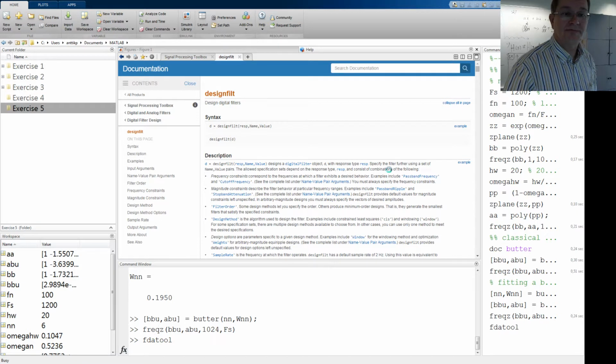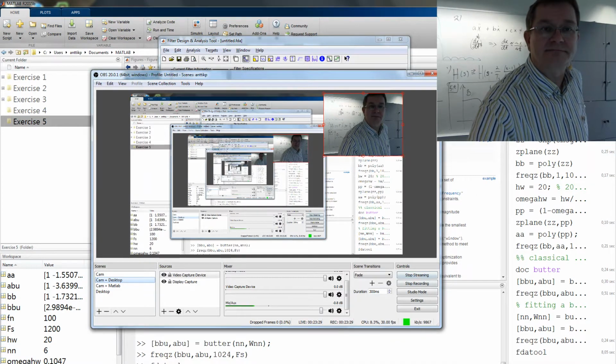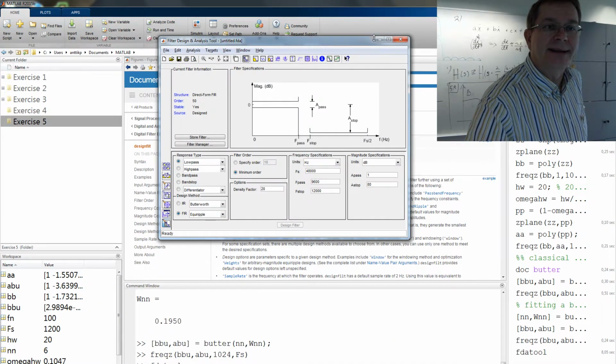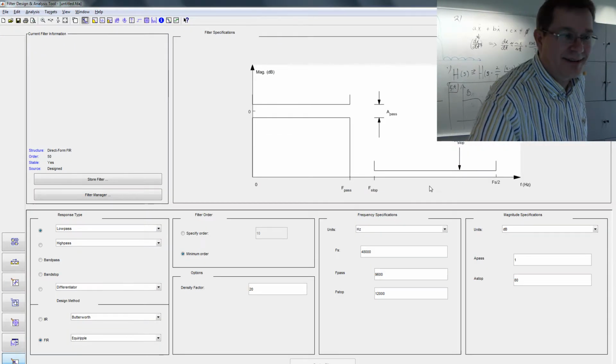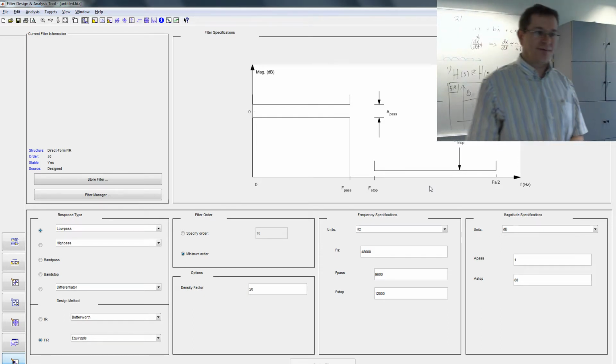Did you know? Let me see if this one shows up. Okay, desktop. Alrighty, that's how you design a filter.